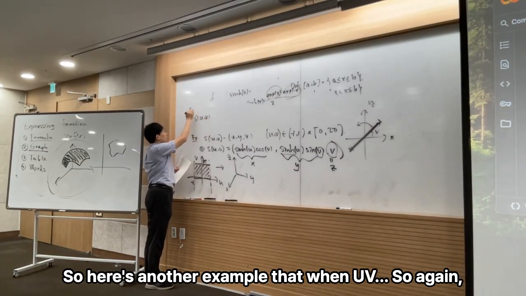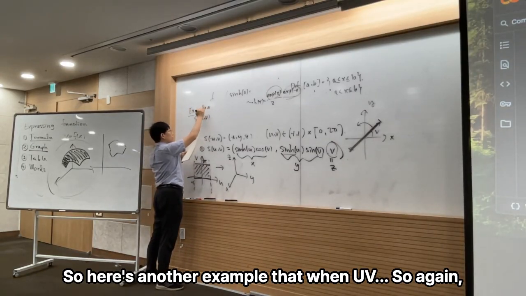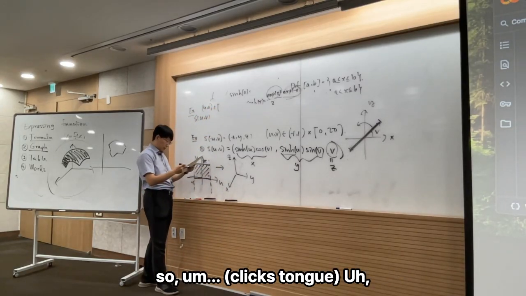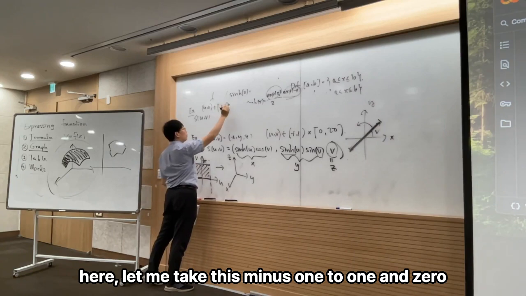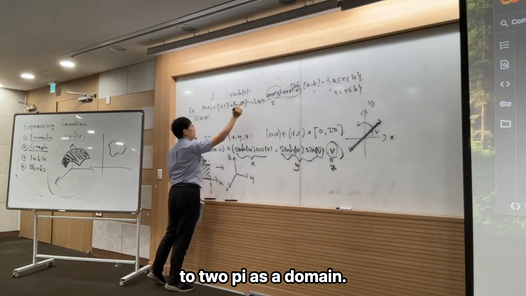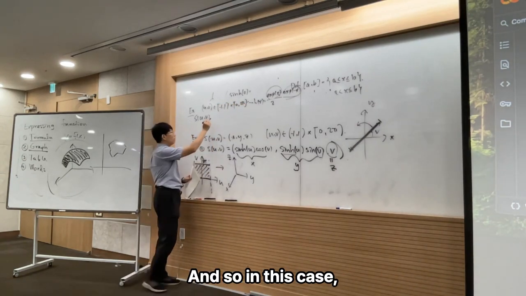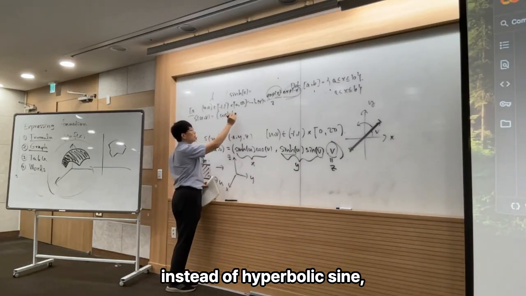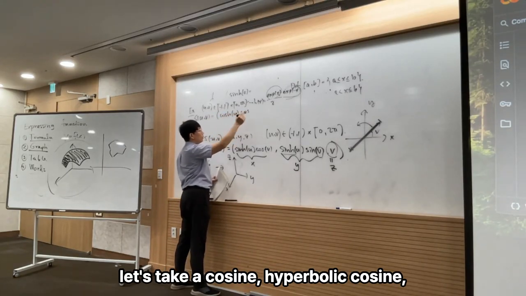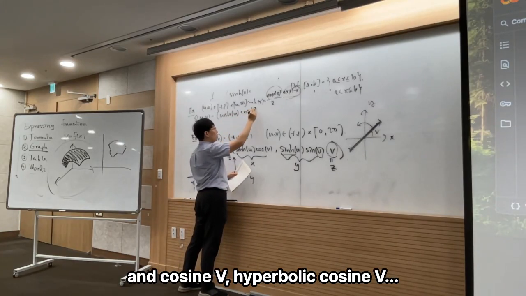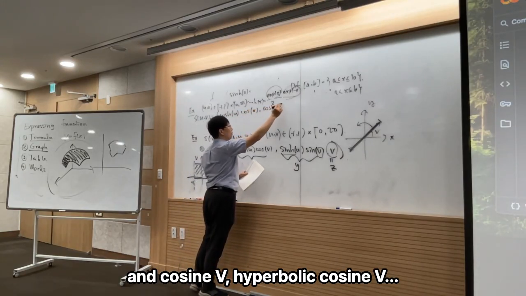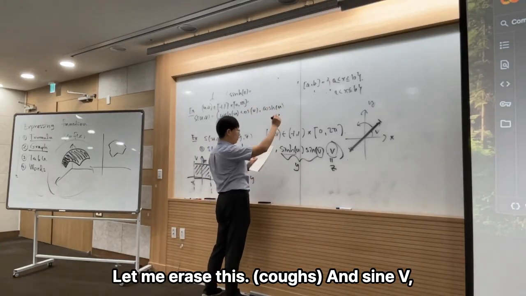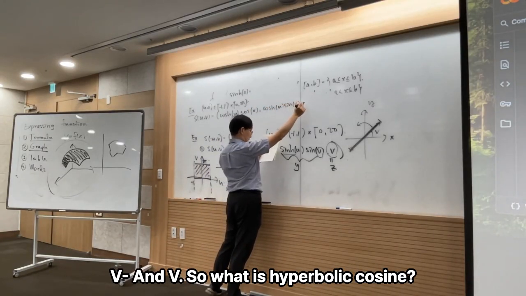So here's another example. Again, let me take -1 to 1 and 0 to 2 pi as a domain. In this case, instead of hyperbolic sine, let's take hyperbolic cosine u, cosine v, hyperbolic cosine u, sine v, and v.